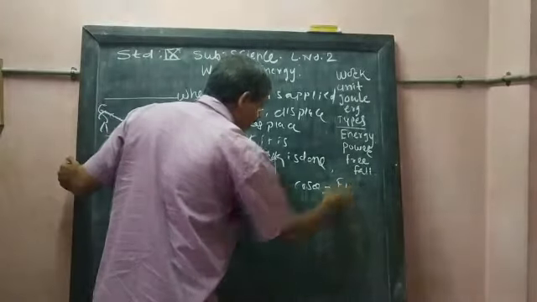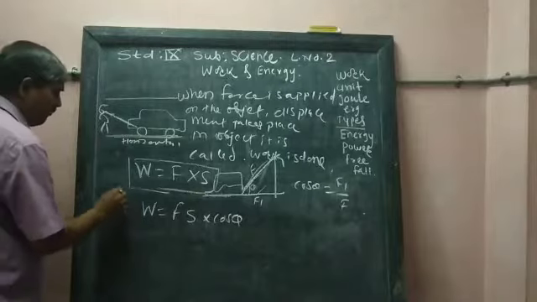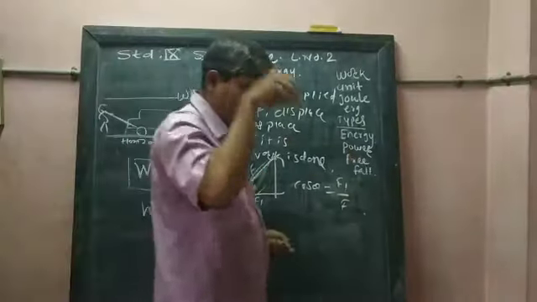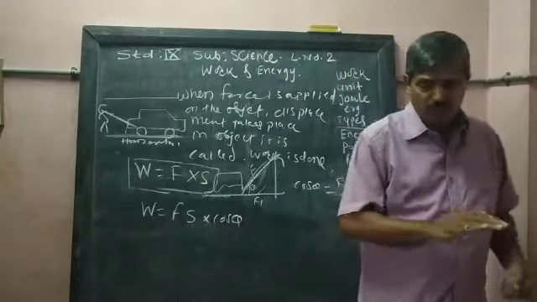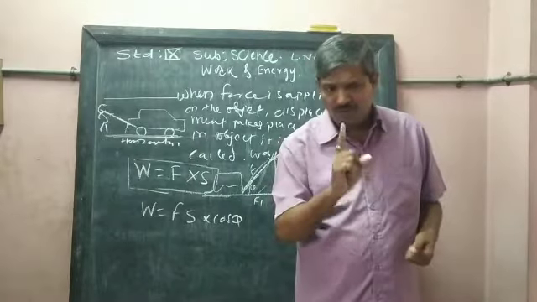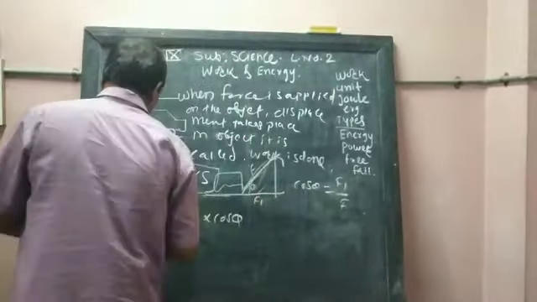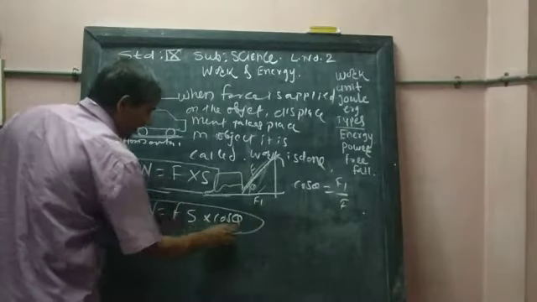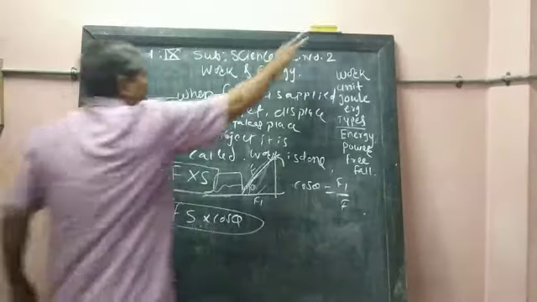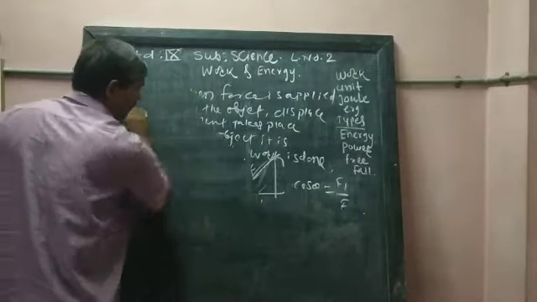Adjacent side upon hypotenuse, F1 upon F. Therefore, when a force is used on an object along the horizontal line, and the string makes an angle, W is equal to Fs cos theta. Here suppose that the angle made is 0 degree.